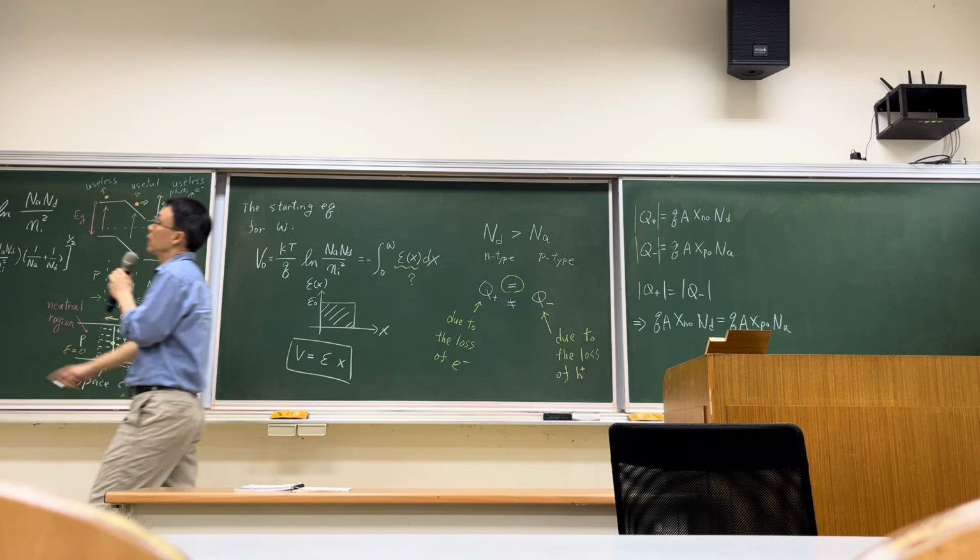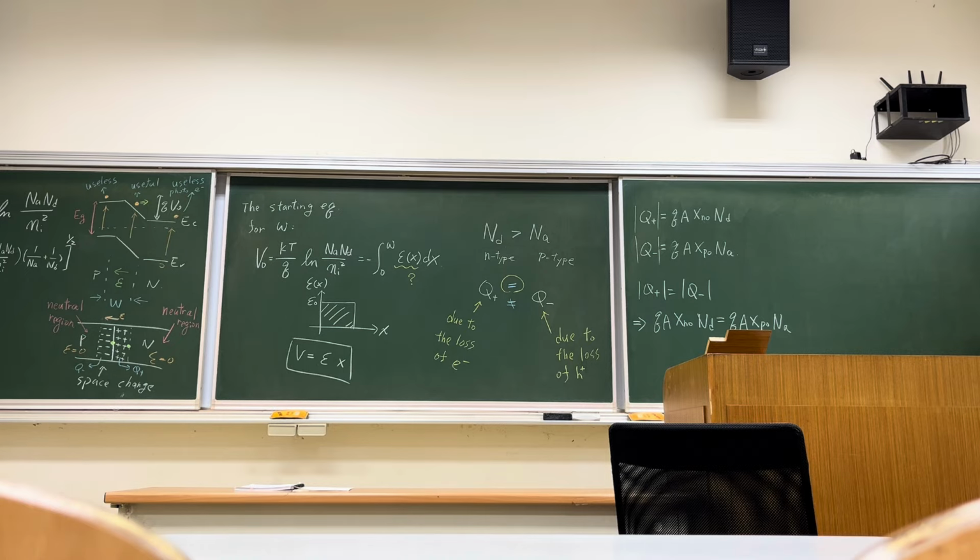You look at the figure. x_n0 is the position corresponding to the boundary between the depletion region and the neutral region on the N side, right? So that's the boundary on the N side. And x_p0 is the boundary on the P side.